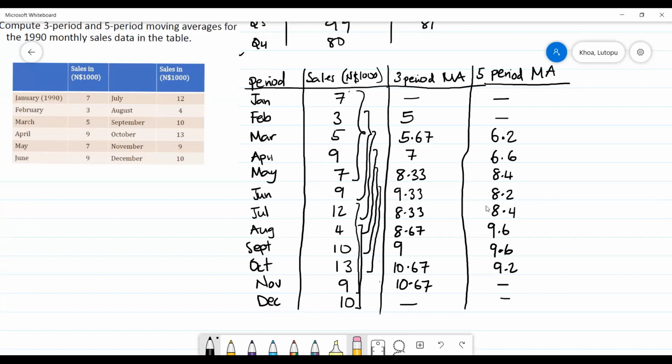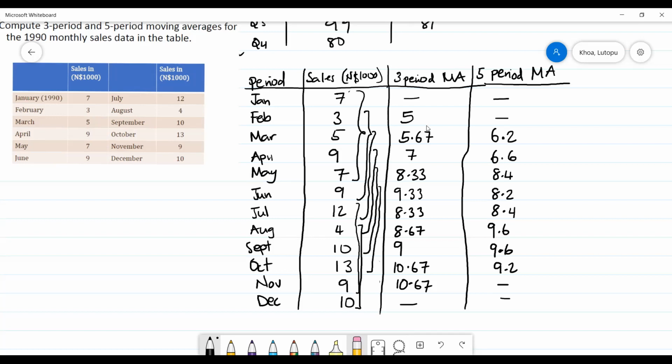Because we are adding 7 plus 9 plus 12 plus 4 plus 10, which is 42, and then divide by 5, it should be 8.4. So just correct this value here. But the way that we actually work it out is the same. You're taking 3 values or 4 values or 5 values, depending on the period that you are given.